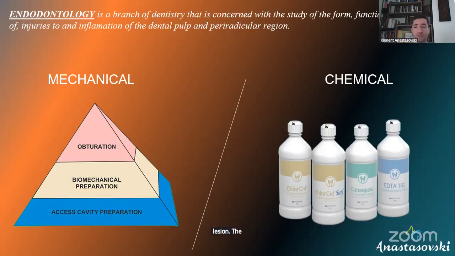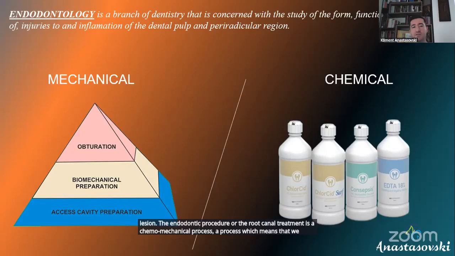The endodontic procedure or the root canal treatment is a chemomechanical process, which means that we need to comply with every objective that is inside the mechanical and chemical part of this process, starting with the mechanical one. After the establishment of a proper diagnosis before starting the root canal procedure, we need to go ahead to the second step, or the access cavity preparation, where we must choose from some of the different access cavity designs.